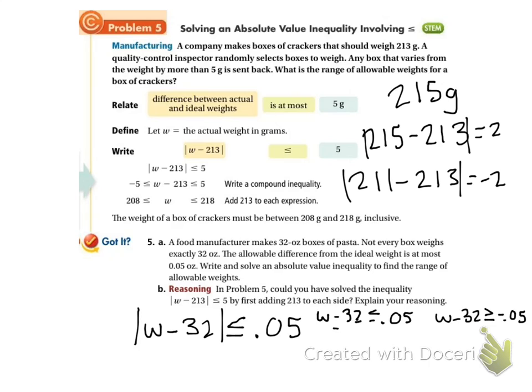So I'm going to add 32 to both sides. And I get W is less than or equal to 32.05. And over here I add 32, and I get W is greater than or equal to 31.5.